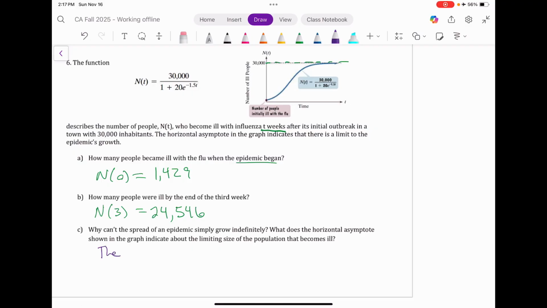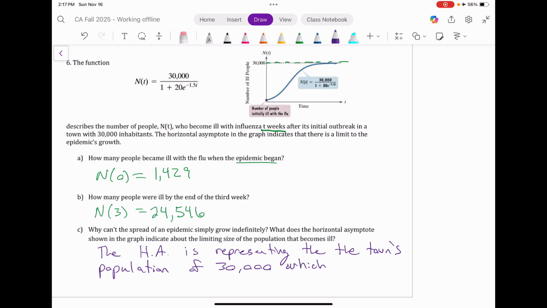The horizontal asymptote is representing the town's population of 30,000, which is limiting the growth or the spread of the virus.